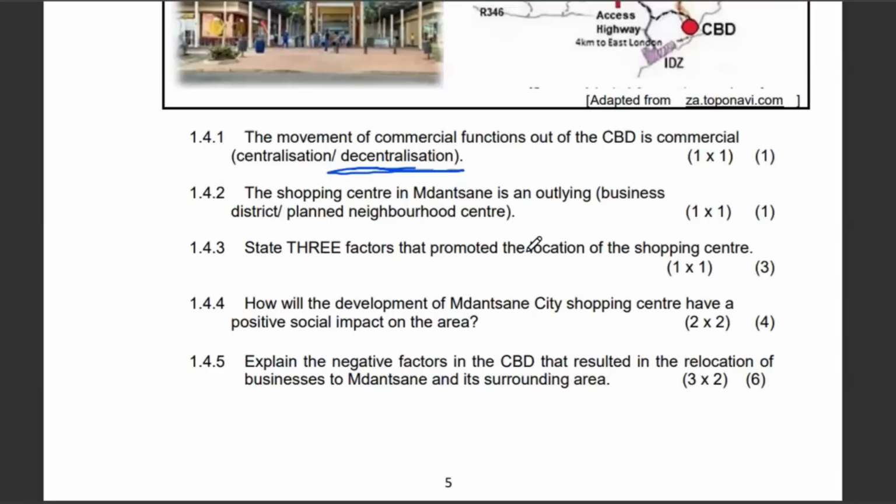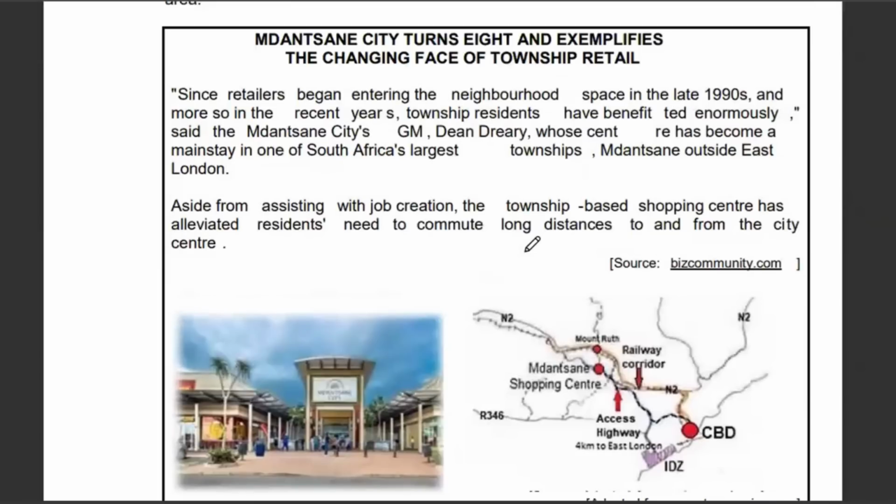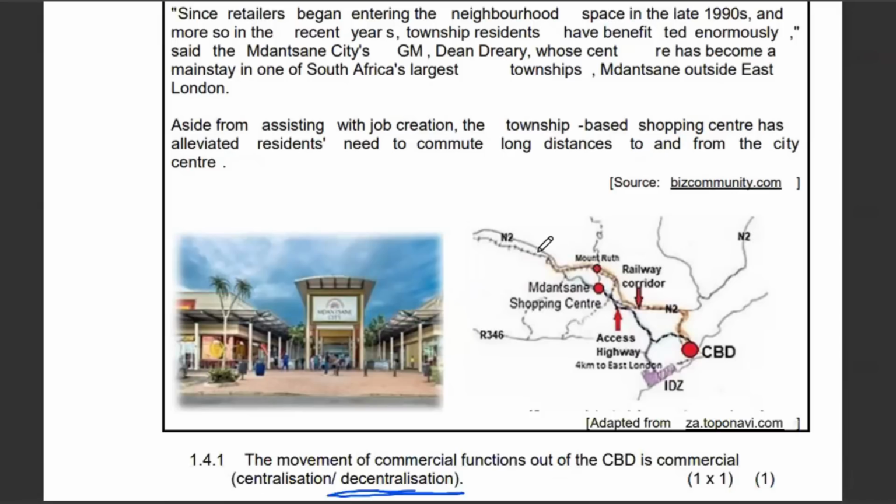Right, that one you can find in the text. It says, since retailers began entering the neighborhood space in the late 1990s and more so in recent years, township residents have benefited enormously, said the Mdantsane City general manager, who says the center has become a mainstay in one of South Africa's largest townships, in East London.